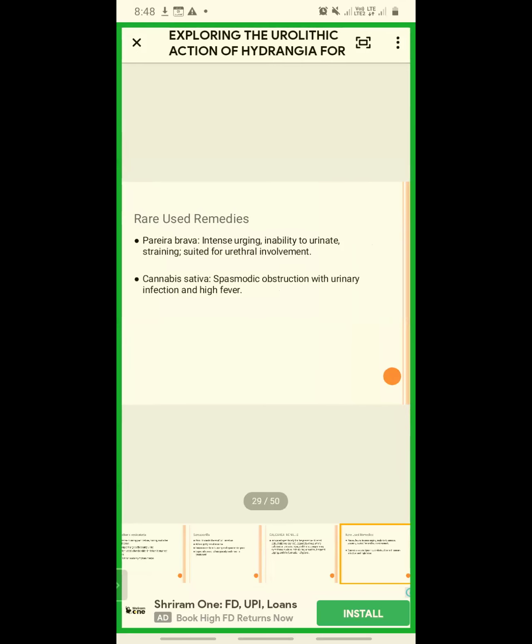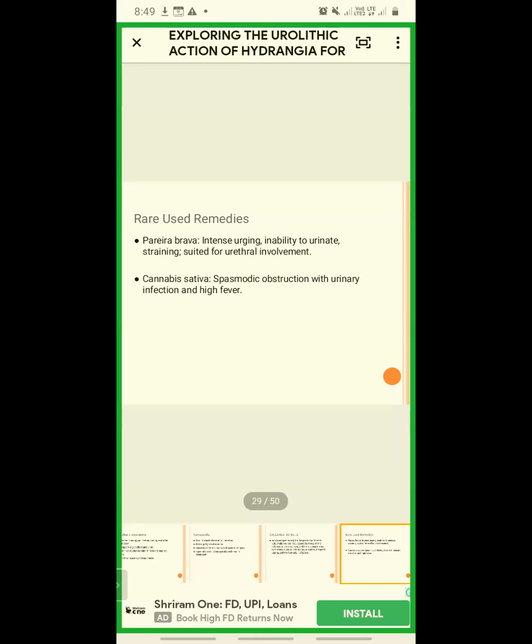Then some rarely used remedies include Pareira brava. One important symptom of Pareira brava is that the patient has to stand with the legs wide apart, and also touching the head to the floor. This is one of the important symptoms of Pareira. There is intense urging and inability to urinate, suited for urethral involvement.